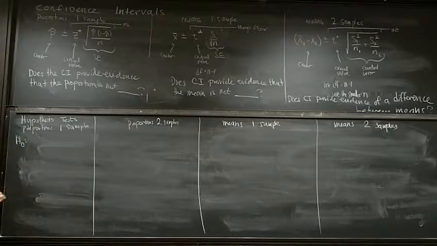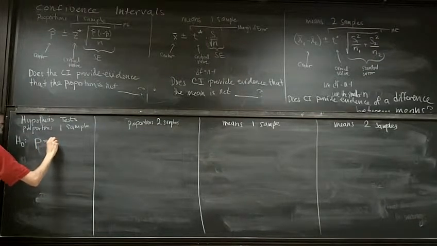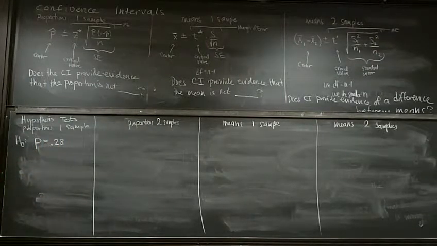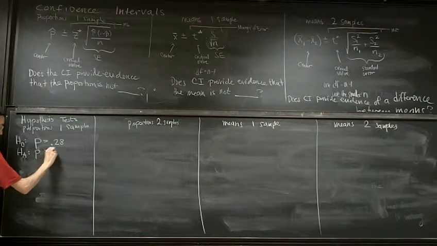So your hypothesis for proportions 1 sample is going to be P is equal to some number, and I'm just going to make up some number, 28%. That means in the problem we're asking, do we have evidence that it's not 28%? The alternative, P does not equal 28%.